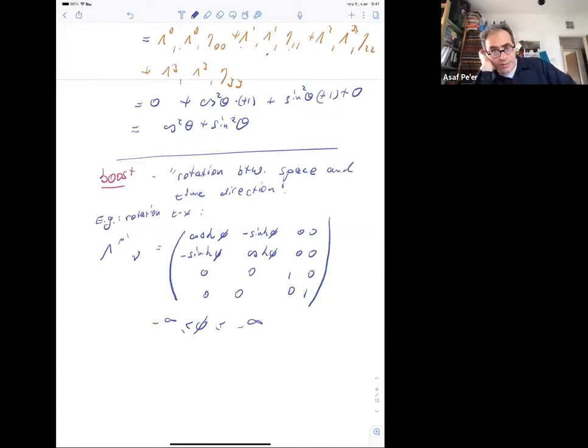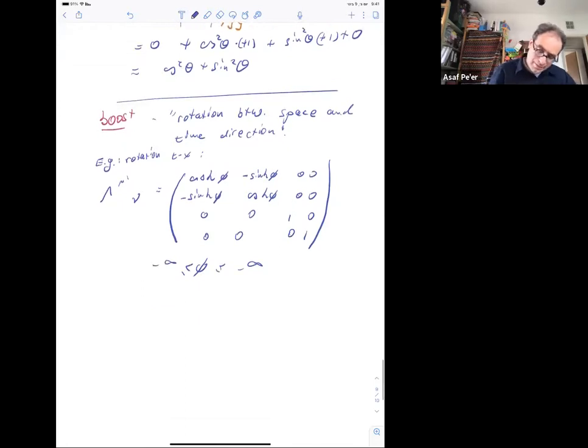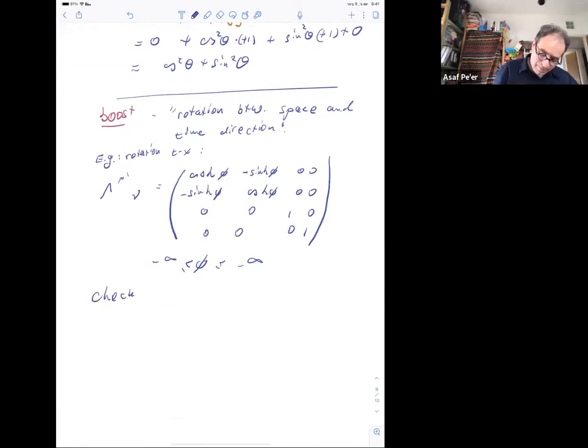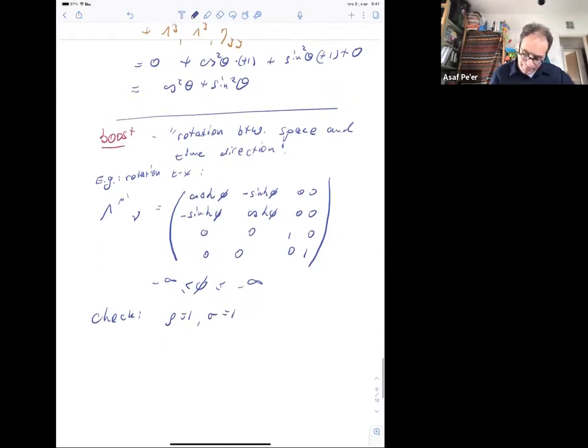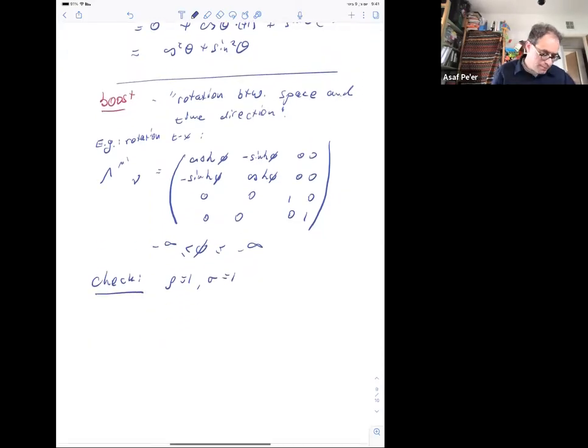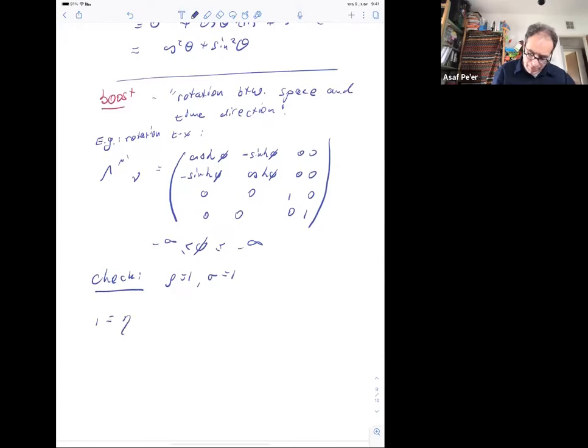Again, we can do a direct substitution. So check. Again, let's see, rho equal to 1, sigma equal to 1. One is eta 1, 1, right? Lambda mu prime 1, lambda mu prime 1, eta mu prime, mu prime. What will be the non-zero terms now?